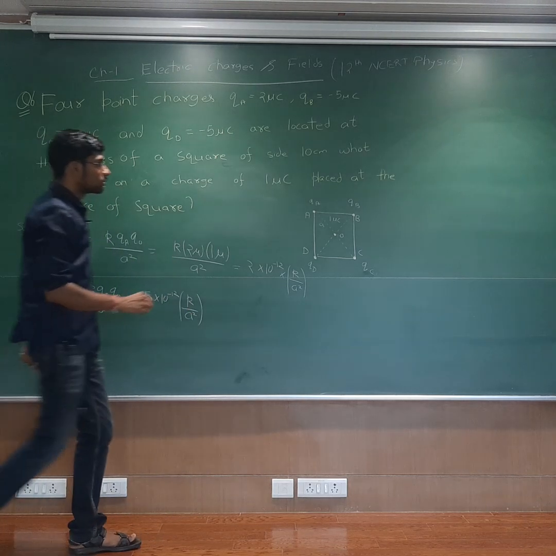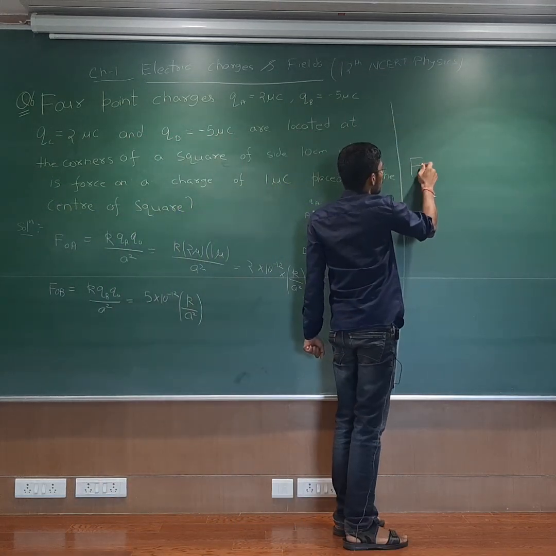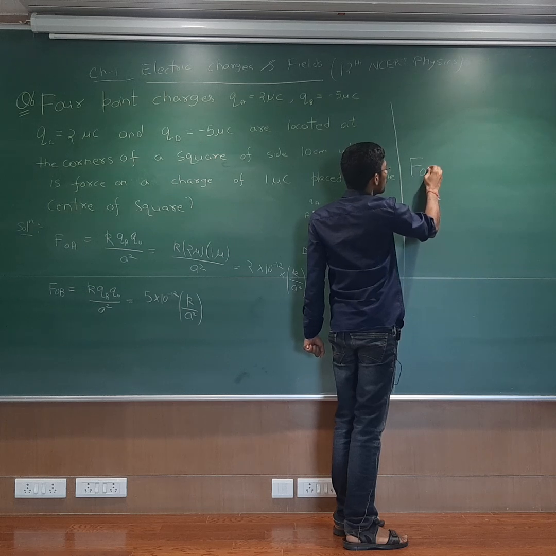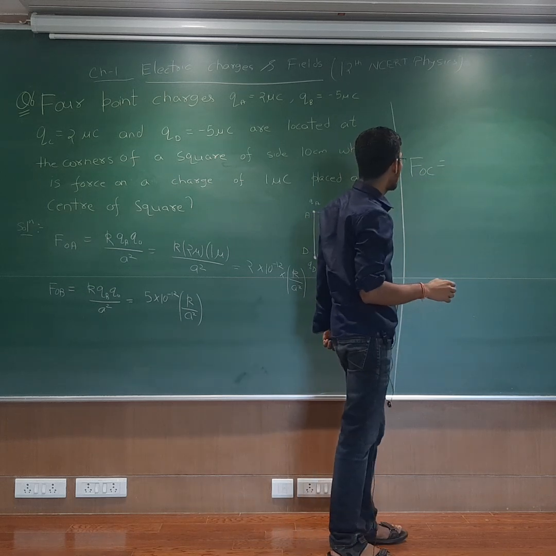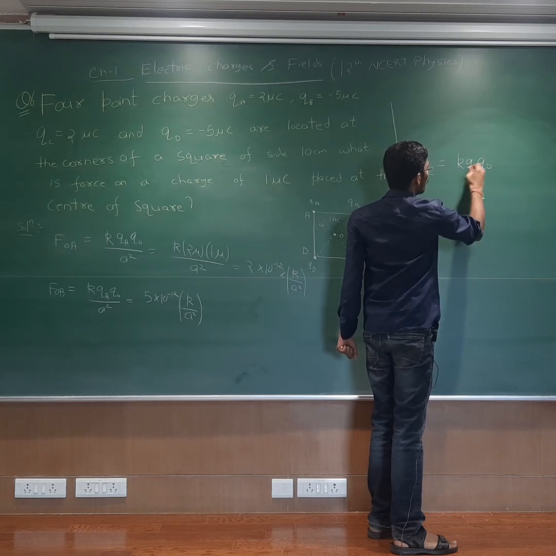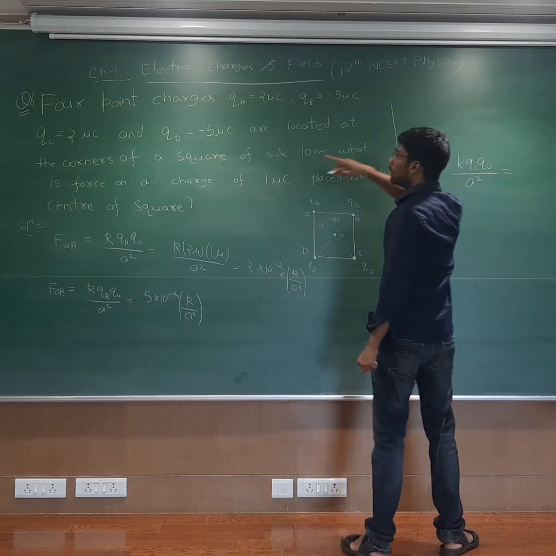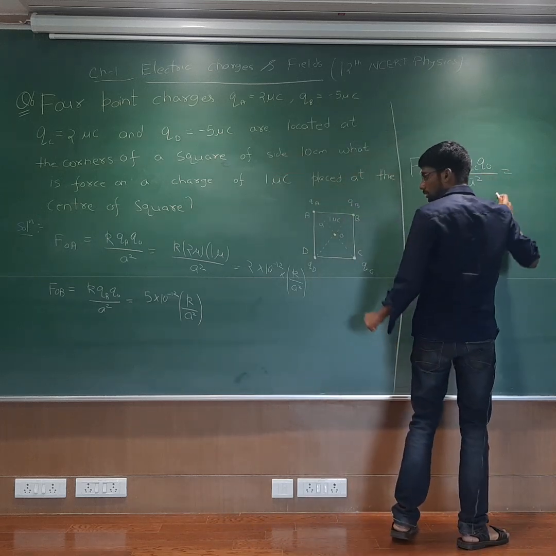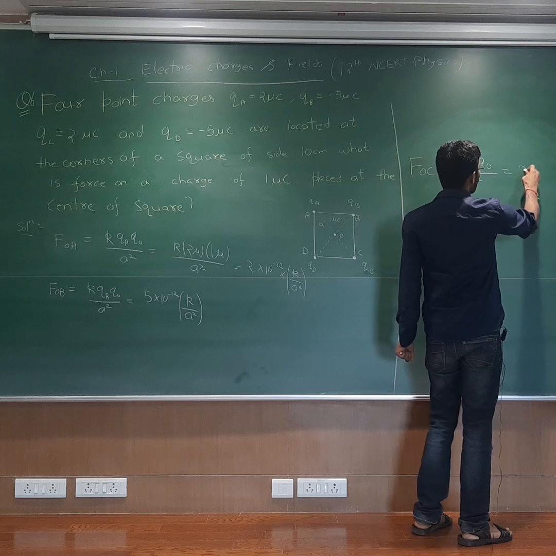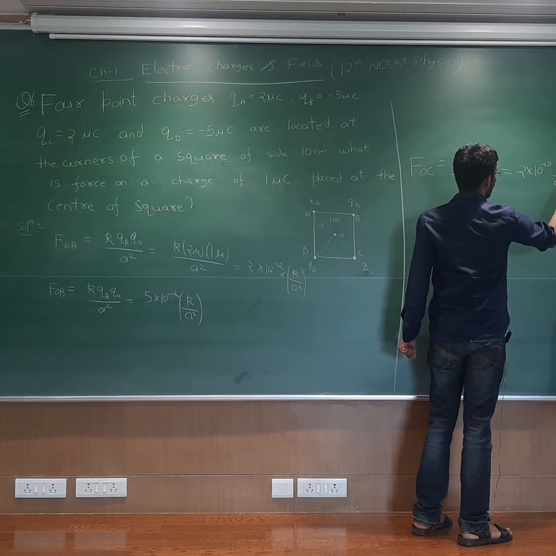Now the force on charge O due to C is K QC Q0 divided by A square, and QC is 2, so this comes out to be 2 into 10 to the power minus 12, K by A square.